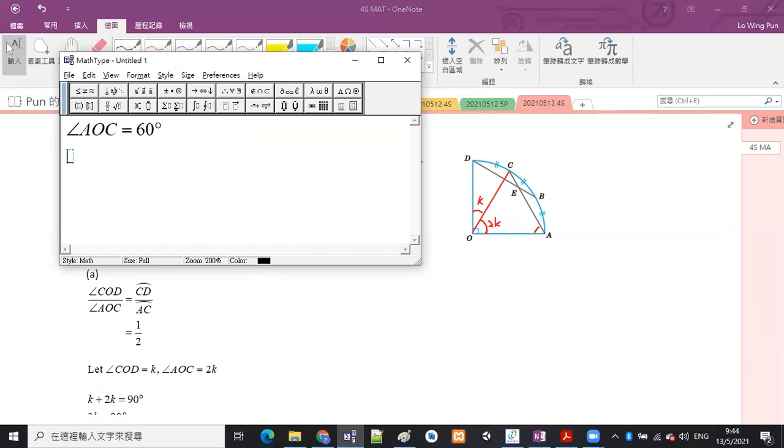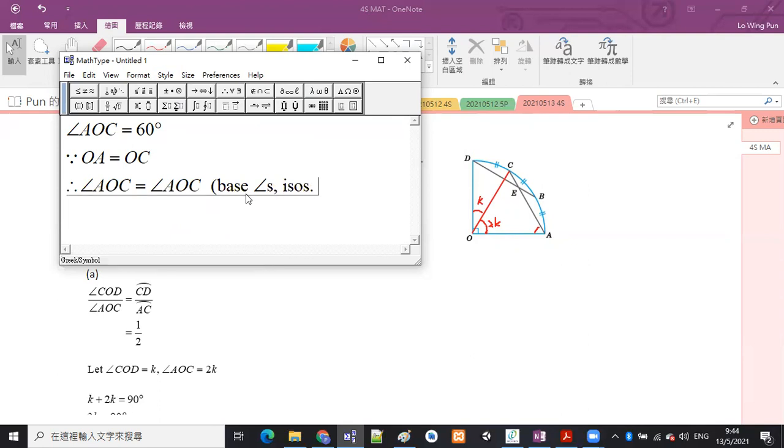The OAC belongs to triangle OAC, and it is an isosceles triangle because OA and OC are both the radius of the circle. Okay, so we need to write this because OA is equal to OC. They are both the radii. Therefore, angle OAC should be equal to angle OCA, and this is base angles isosceles triangle.